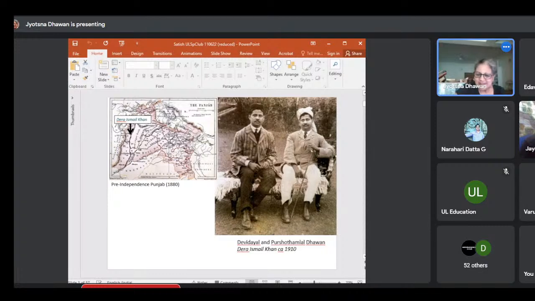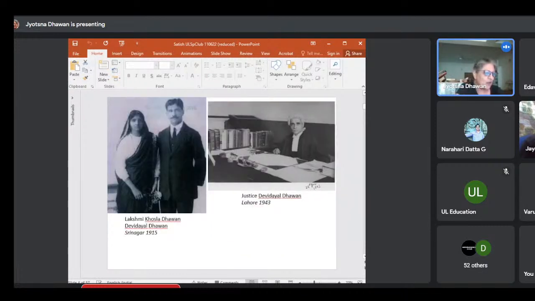David Dayal Dhawan was a lawyer, trained for the bar in Lahore. His mother, Lakshmi Khosla, was the daughter of Duni Chand Khosla, who was the chief medical officer in Kashmir. This gentleman, my great-grandfather, was valued for his service during the plague outbreaks from 1905 to 1908.